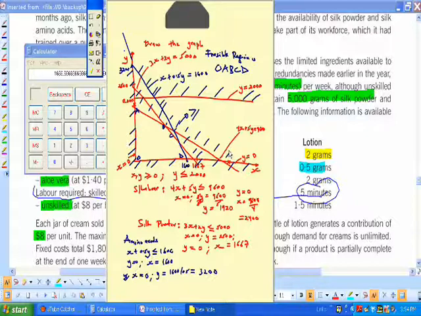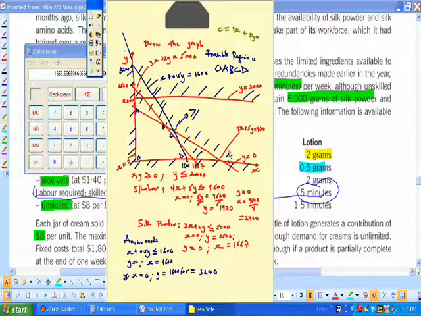If you recall, our contribution C was equal to 9x plus 8y.